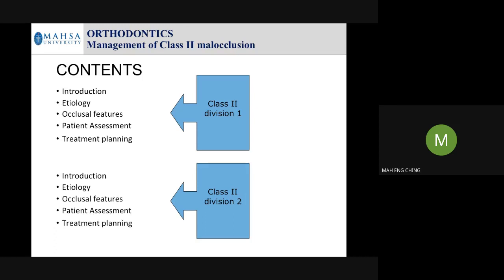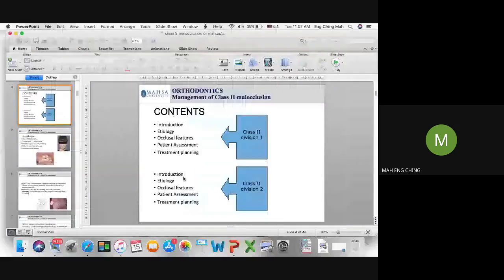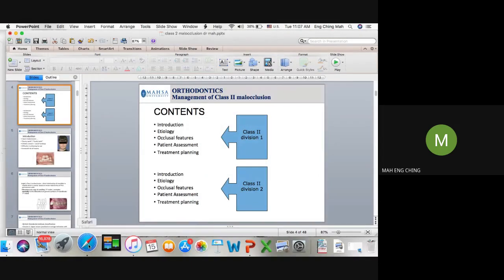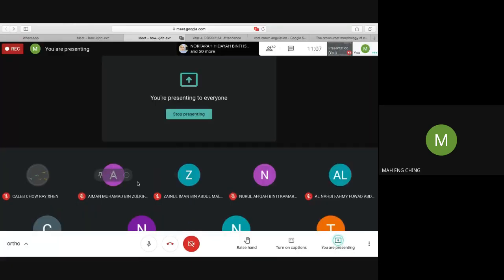Can someone tell me about the dental factor? Why does it have the class 2 division 2? Not the same person again, so we want to hear some people's voice. Let me see who is online. Can we have Aiman?